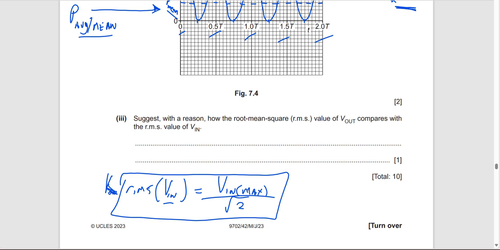So therefore V in max is equal to V out max, just like that, right? And same power time graph.